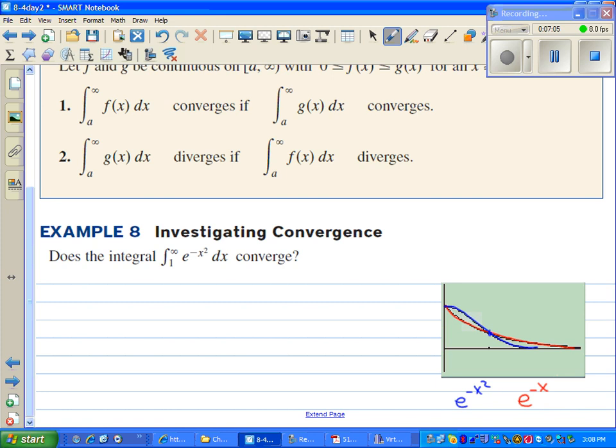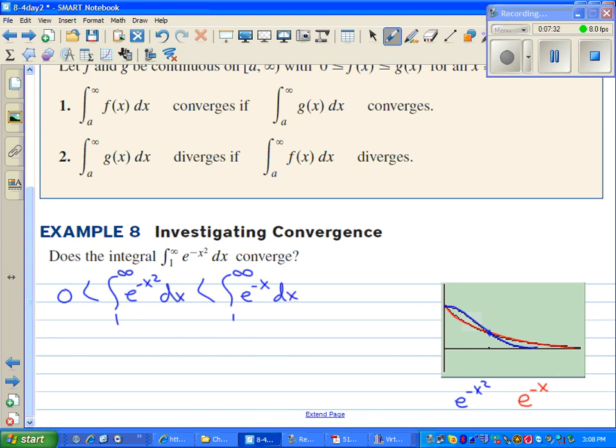So what we can say is 0 is less than the integral from 1 to infinity of e to the negative x squared dx, which is less than the integral from 1 to infinity of e to the negative x dx.